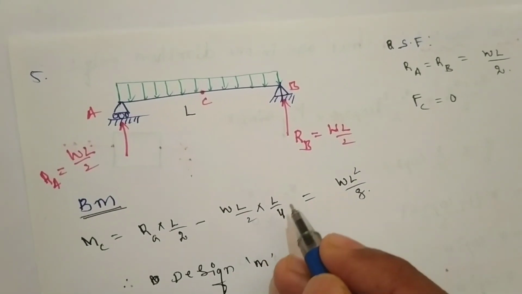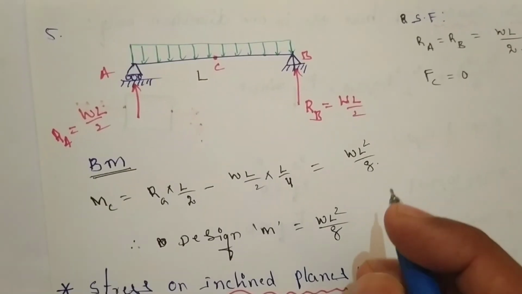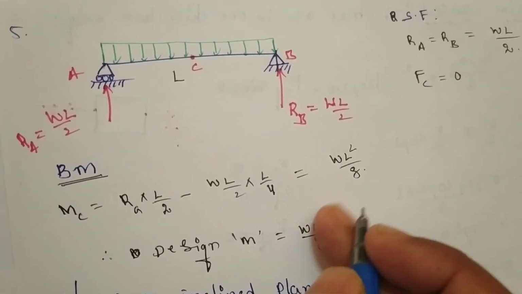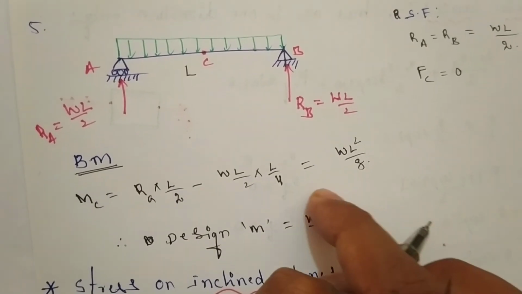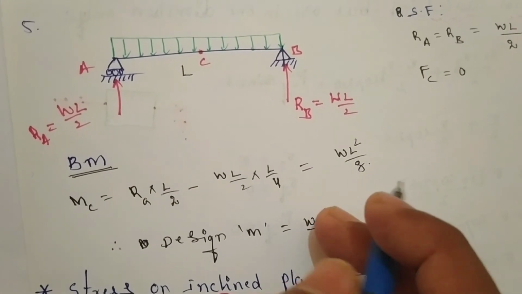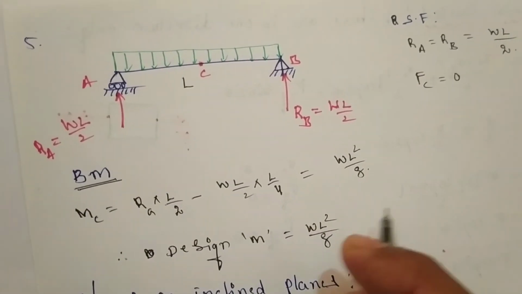So we get WL square by 8, the maximum design value for simply supported beams. This value is also very important, just remember it, it is helpful for solving problems.